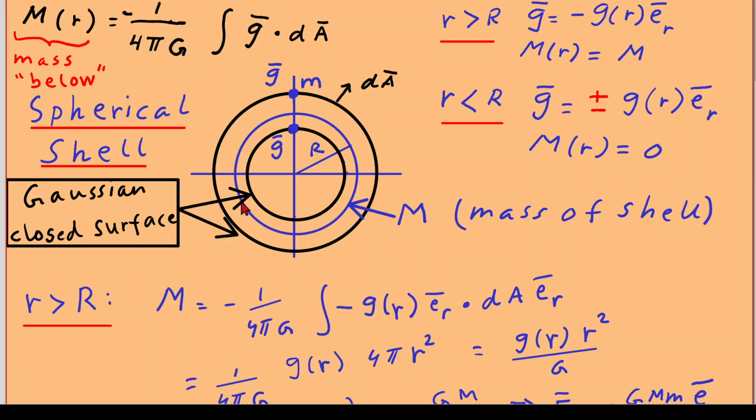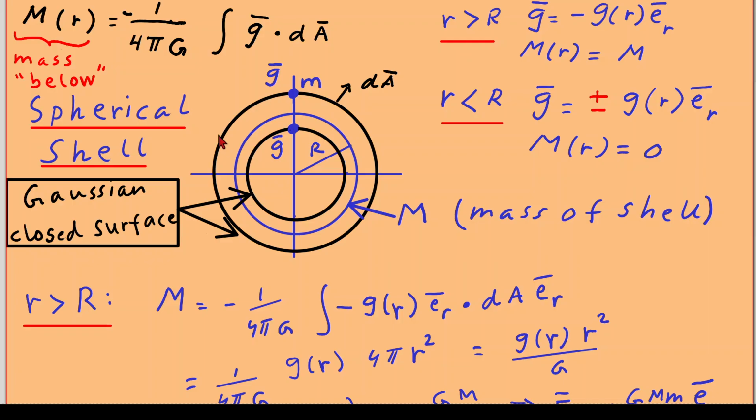It's the blue one here, having mass capital M. And then we have two Gaussian closed surfaces around the shell. And for example, the external Gaussian surface, the black one here.